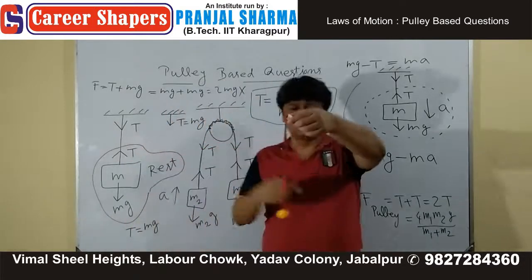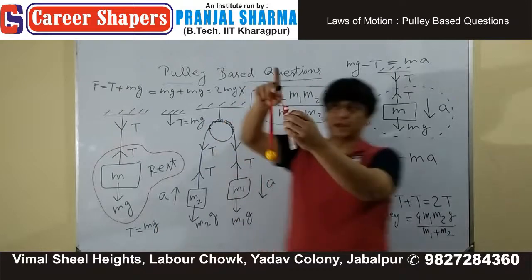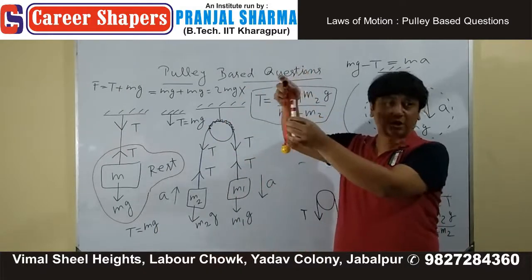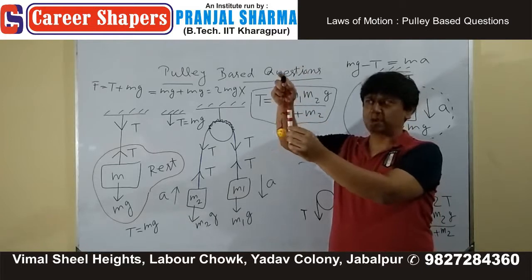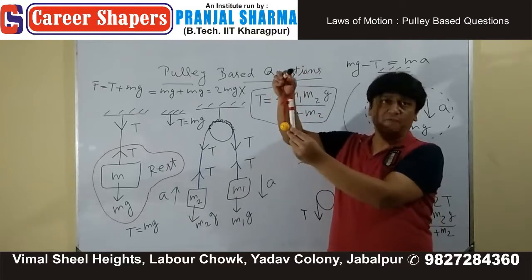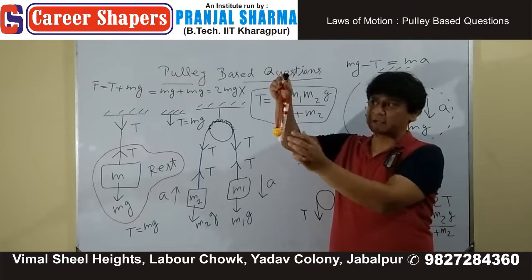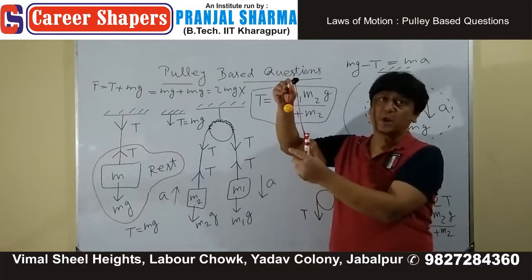suppose you've got two blocks और थोड़ी देर के लिए if you look, because of friction and all things are difficult to explain, but I hope ये दिख रहा है आपको. If I release this thing, you can see that marker is coming down and the ball is going up.